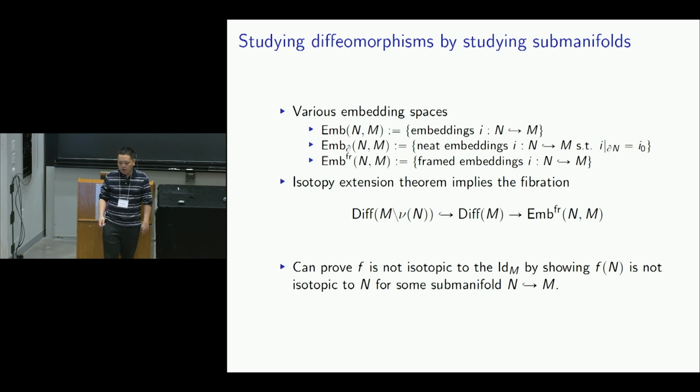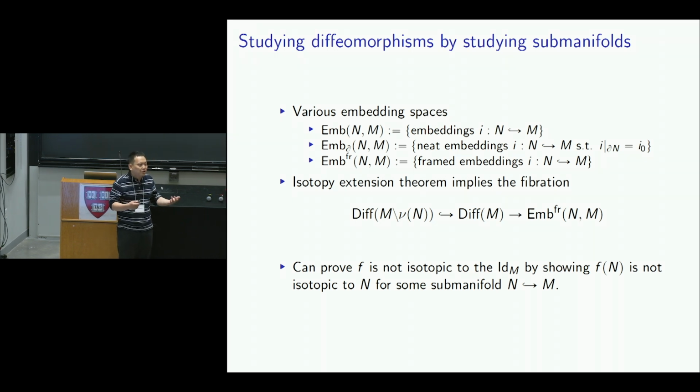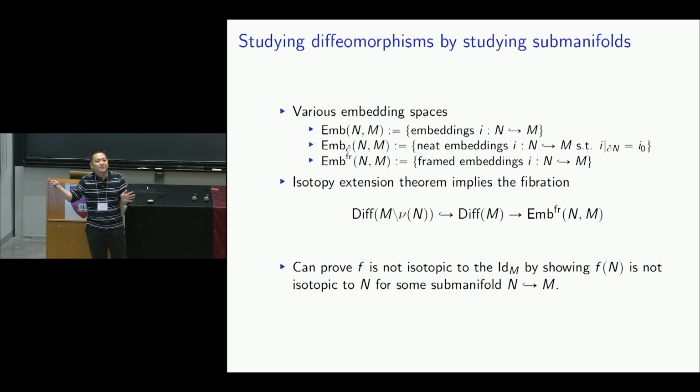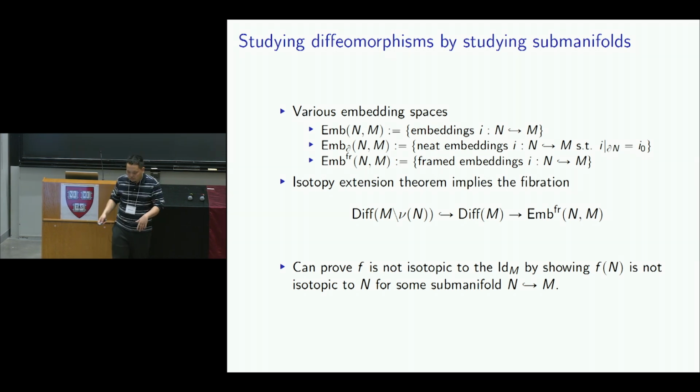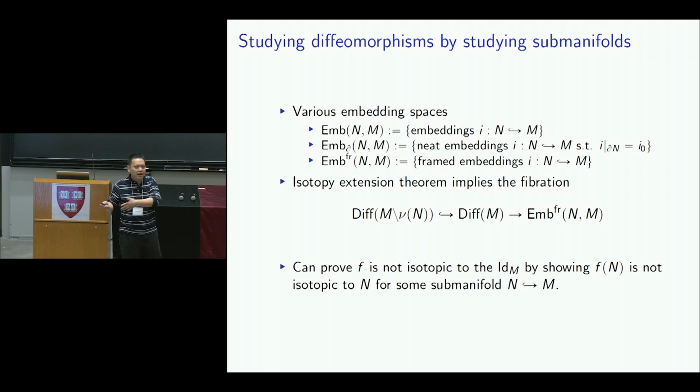Another way to use embeddings to study diffeomorphisms is to show that a certain diffeomorphism is not isotopic to the identity by finding some specific submanifold which is taken to a different submanifold by this diffeomorphism. You know, this diffeomorphism group acts on the embedding space by composing.